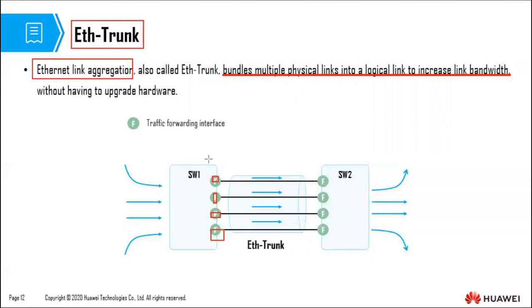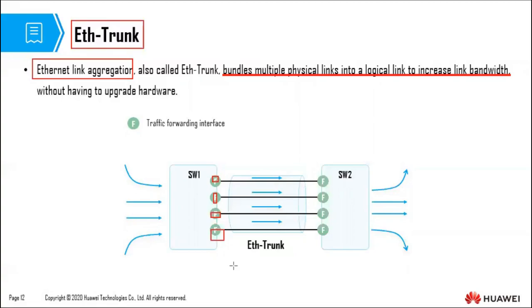So if we add 1 plus 1 plus 1 plus 1, then we have 4 gigabits as our new bandwidth for this logical interface. That's, simply put, how the Ethernet trunk interface works.